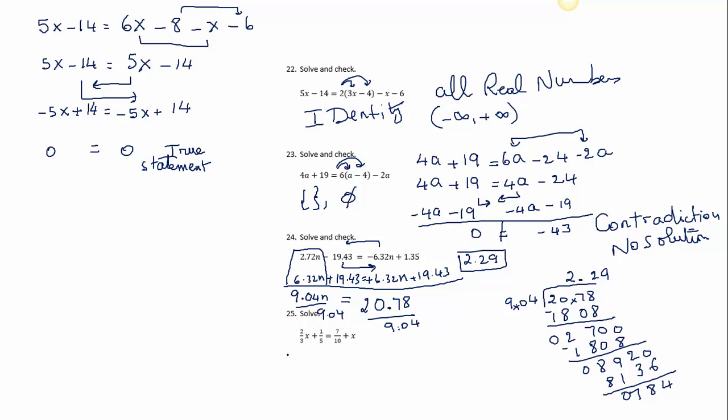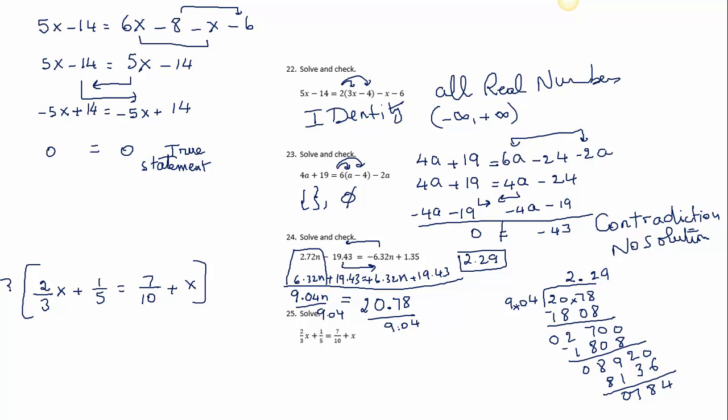Alright, the last problem, we have a fraction: 2/3 x plus 1/5 equals 7/10 plus x. The best way to solve this problem is to multiply all terms by the lowest common denominator, which in this case is 30, because 30 is a multiple of 3, 30 is a multiple of 5, and 30 is a multiple of 10.